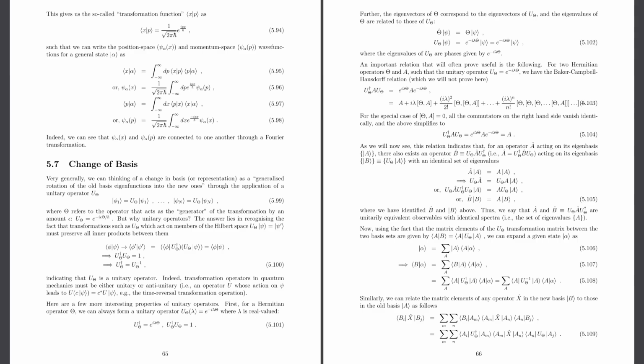Let's look at the second term. The second term involves a commutator of theta with A, the Hermitian operator theta that is causing the transformation, with that operator. And by how much? Lambda. And look at the next term. The next term is yet more complicated. It's a nested commutator.